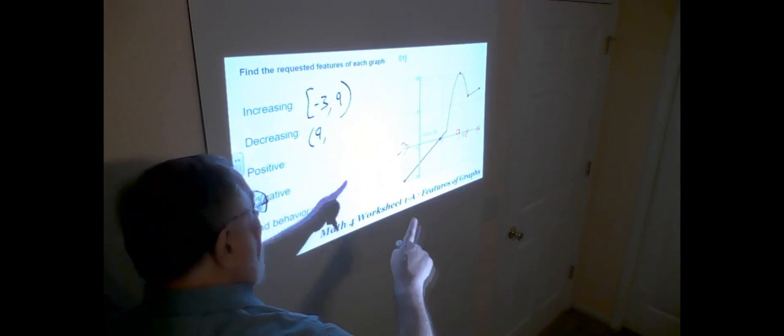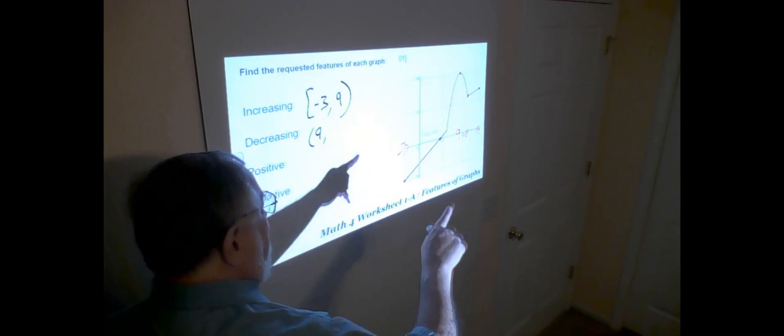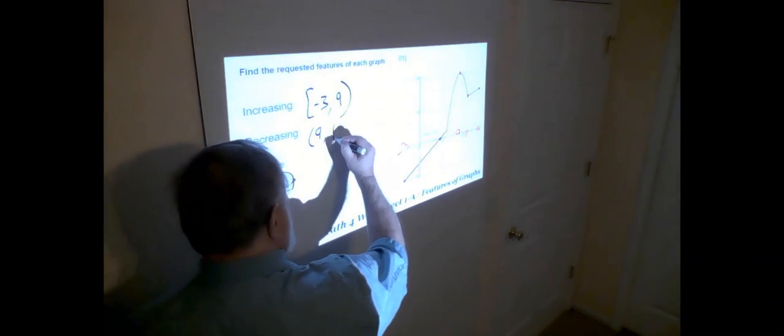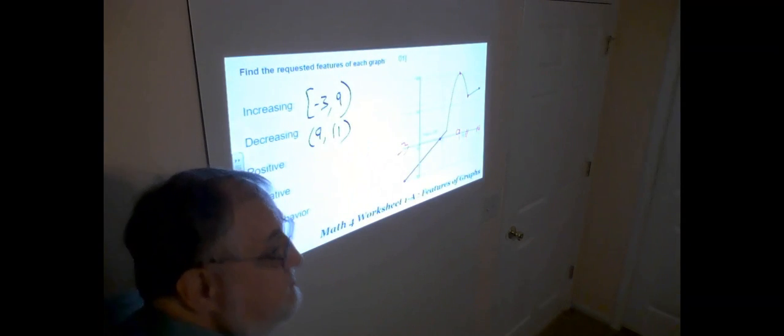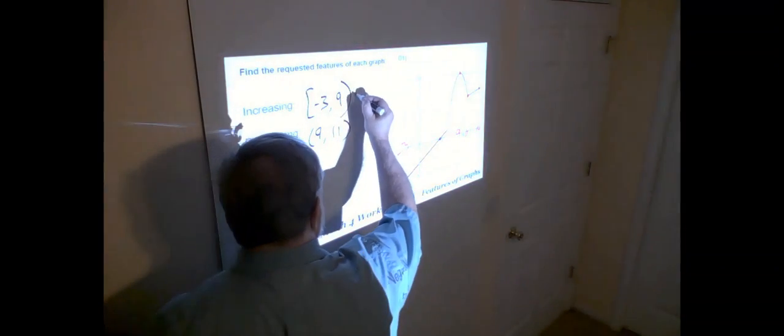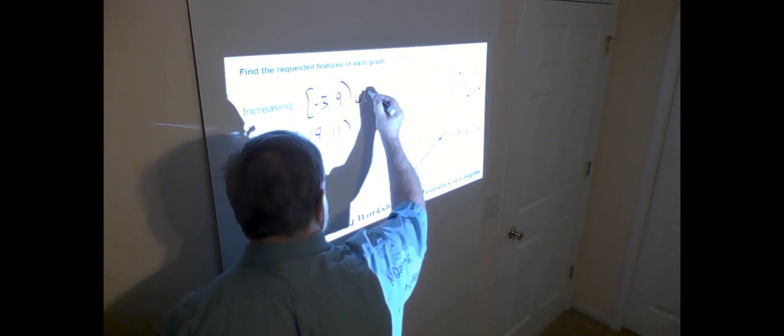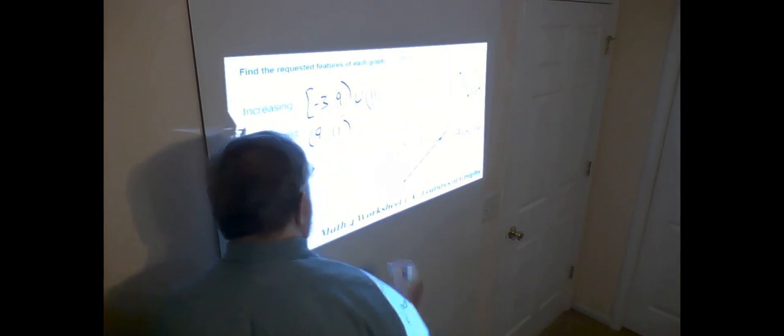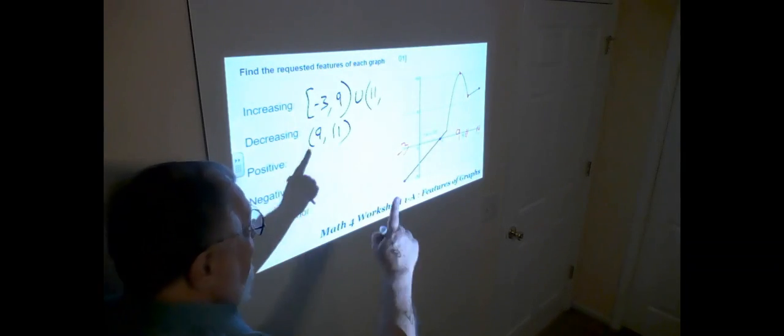And I have the same problem in the valley. 11 is neither increasing nor decreasing. So I do that. And then as I'm increasing again, I've got 2 places where I'm increasing. So I'm going to do that. And I stop at 14. There's a clear stopping point there. So I get a bracket there.